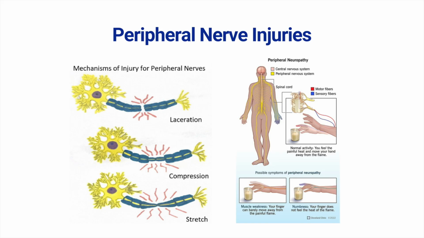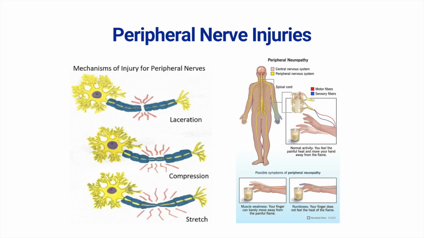So unlike central neurological conditions, peripheral nerve injury affects specific muscles or muscle groups depending on which nerve is involved. Common examples include peroneal nerve injury, femoral nerve injury, radial nerve palsy, and ulnar nerve injury, and each of these results in a characteristic pattern of muscle weakness and functional impairment.